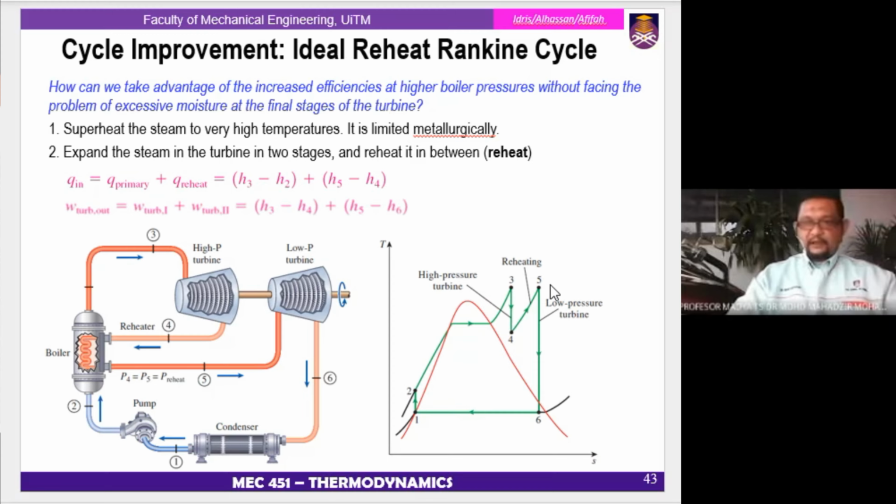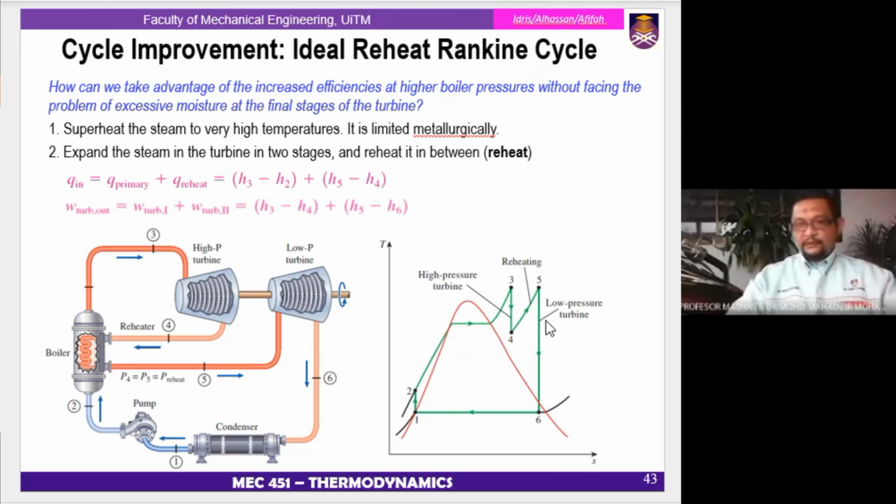Because we have 2 turbines, this cycle must have 2 lines. Line 3 to 4 is for the high pressure turbine, and line 5 to 6 is for the second turbine, the low pressure turbine.